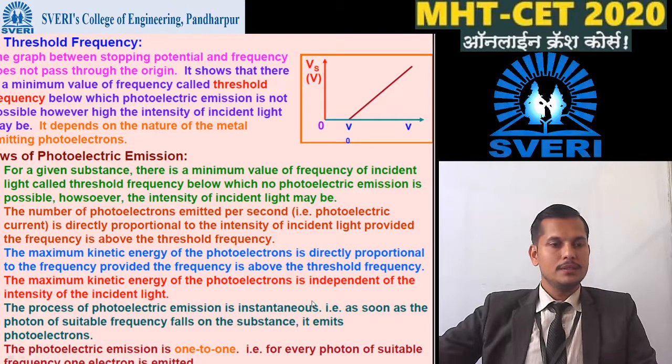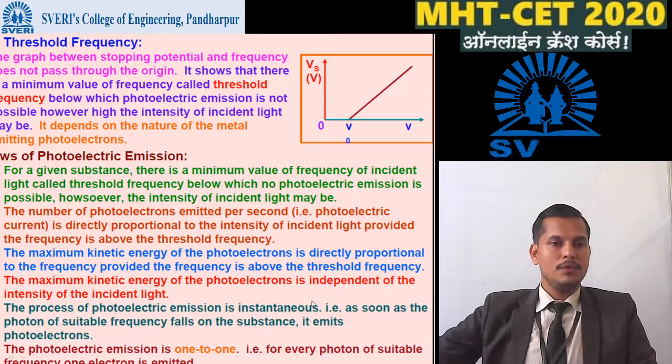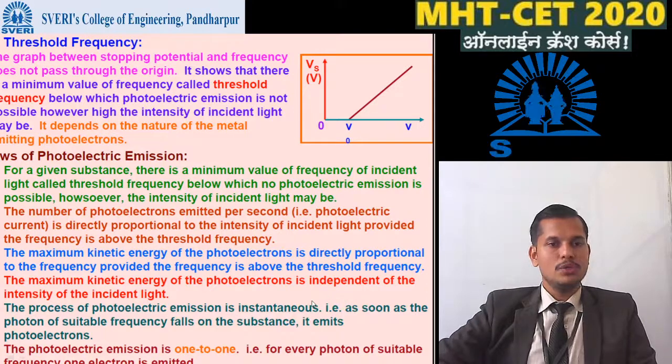Next is the number of photoelectrons emitted per second, that is photoelectric current, is directly proportional to the intensity of incident light, provided the frequency is above the threshold frequency.